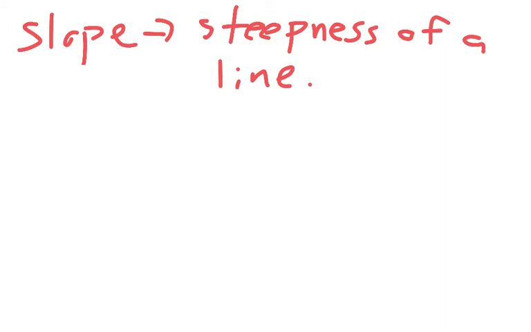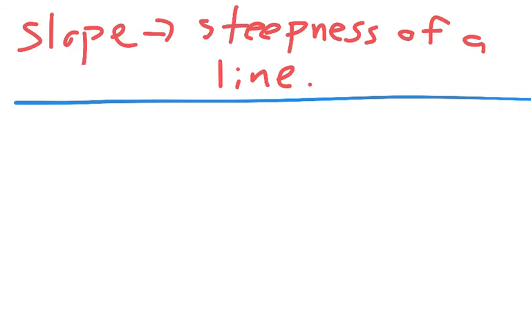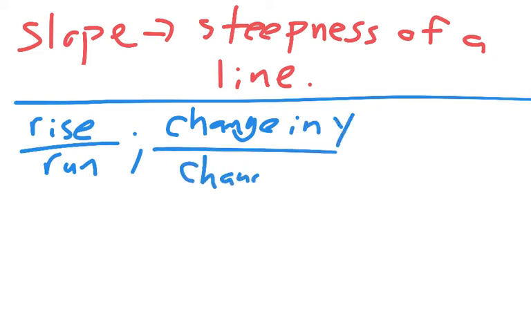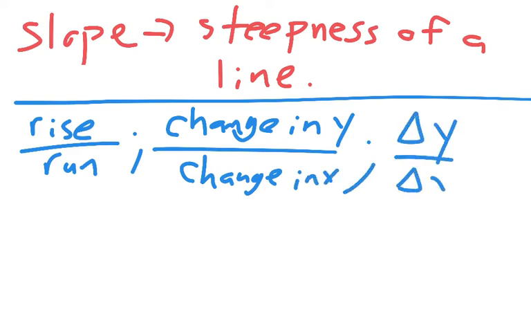We have a bunch of different ways we talk about slope. Sometimes we call slope the rise over the run. We could call it the change in Y over the change in X. Sometimes it's written as delta Y over delta X. But these are all different ways to talk about slope.